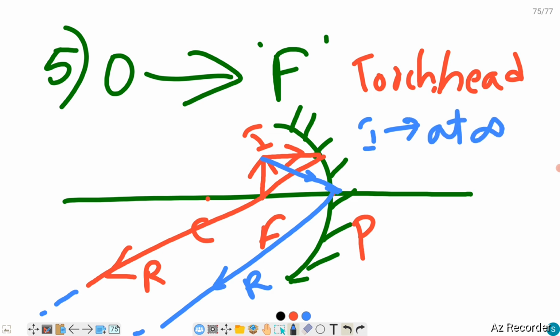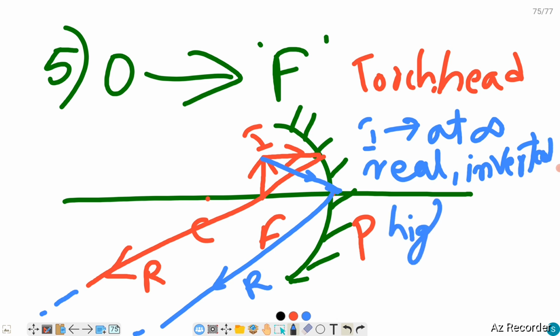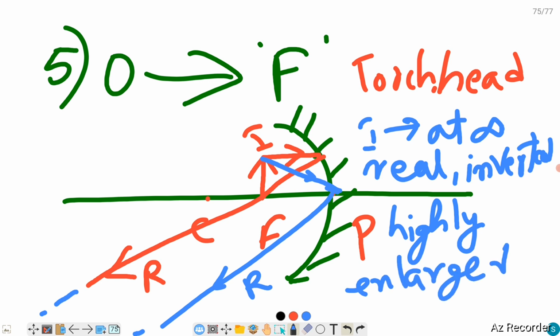When somewhere at infinity they meet, if you join that point from the principal axis, you will have a very big real inverted image. Correct? So real, inverted and highly magnified or highly enlarged. Any one term you can use. Okay, so this image will be formed.